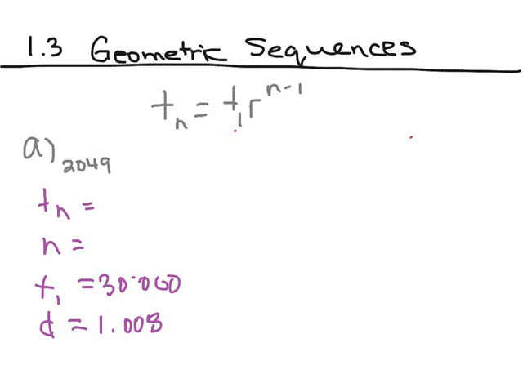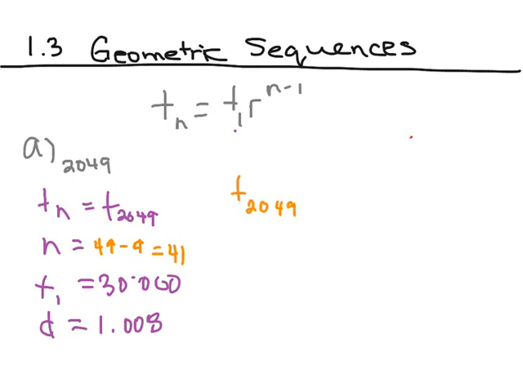Now we want to find it for 2049. So T of 2049. To find n, you take 49 minus 9, which is 41. So now we plug it into our equation.